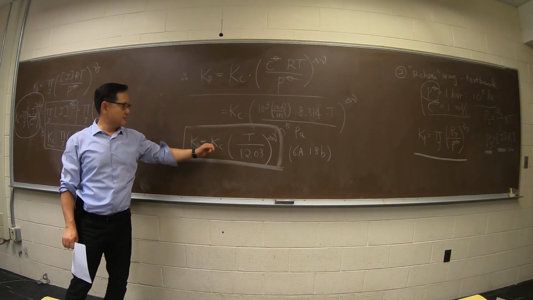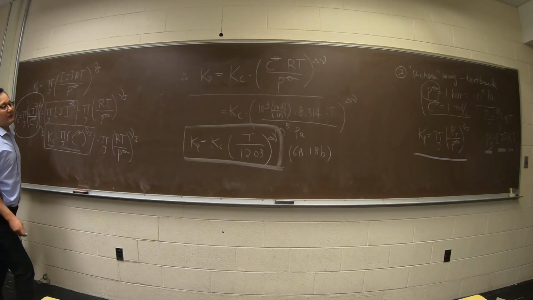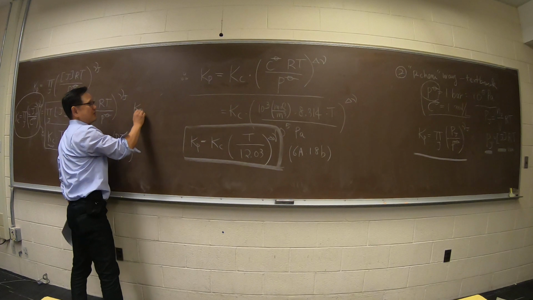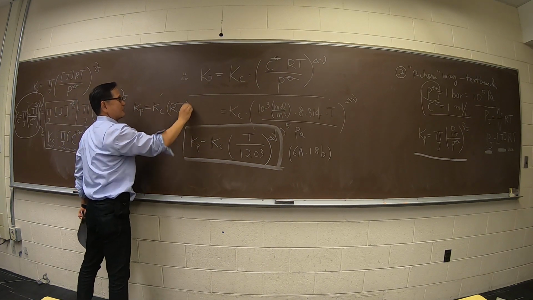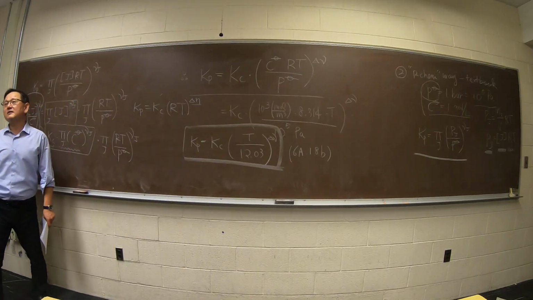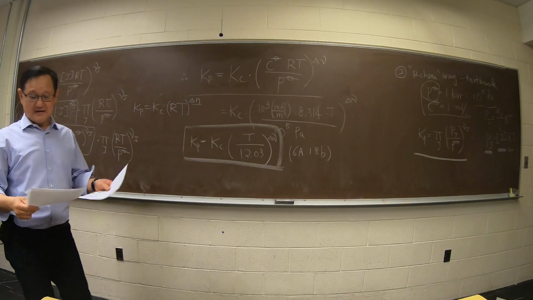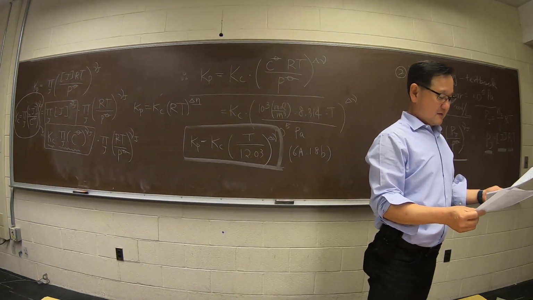The Kc and Kp values are related in this way. Are you sure that you haven't seen this one before? I think in your general chemistry it's probably delta n. I bet, because I'm involved in the general chemistry too, and that's the equation.